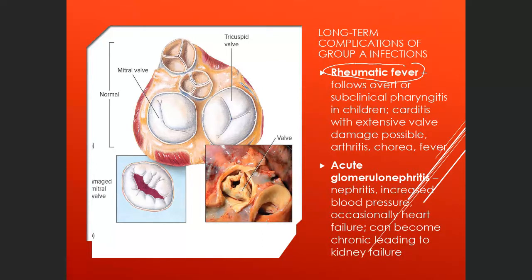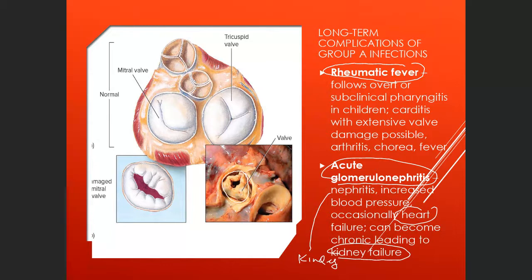So this is in the kidney, causing kidney failure. And also it can cause some heart failure because they can stay in the valves. There are four valves in the heart.